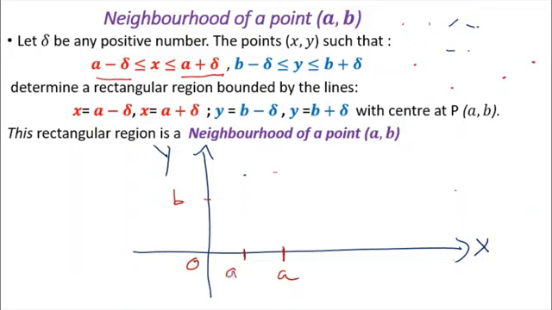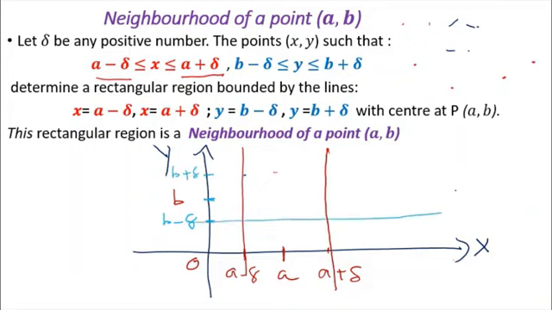So this is A minus delta and this is A plus delta. Similarly for B, I'll take from B minus delta to B plus delta.